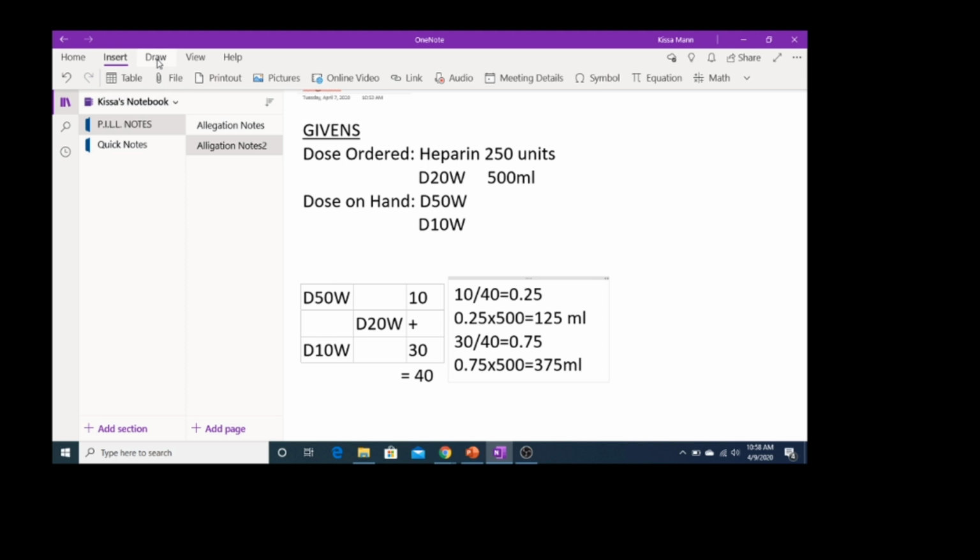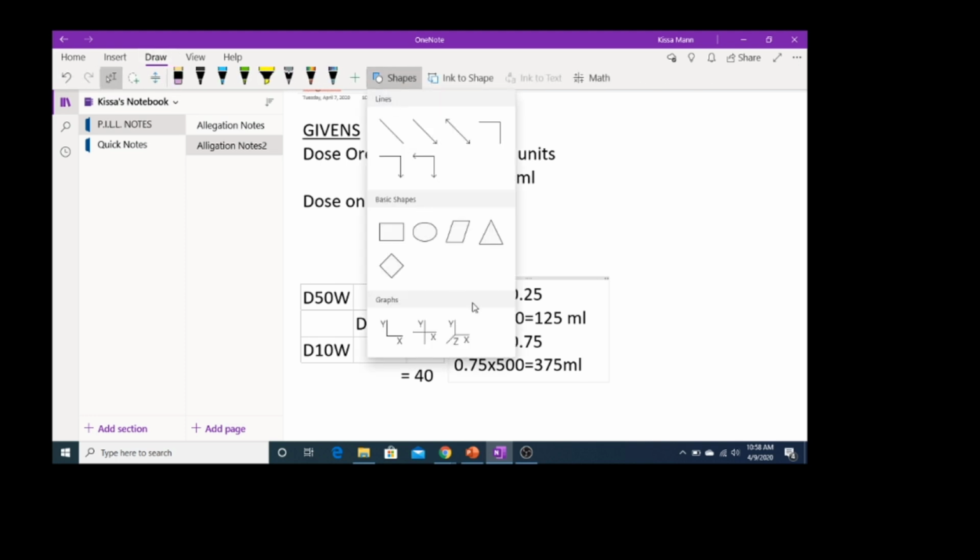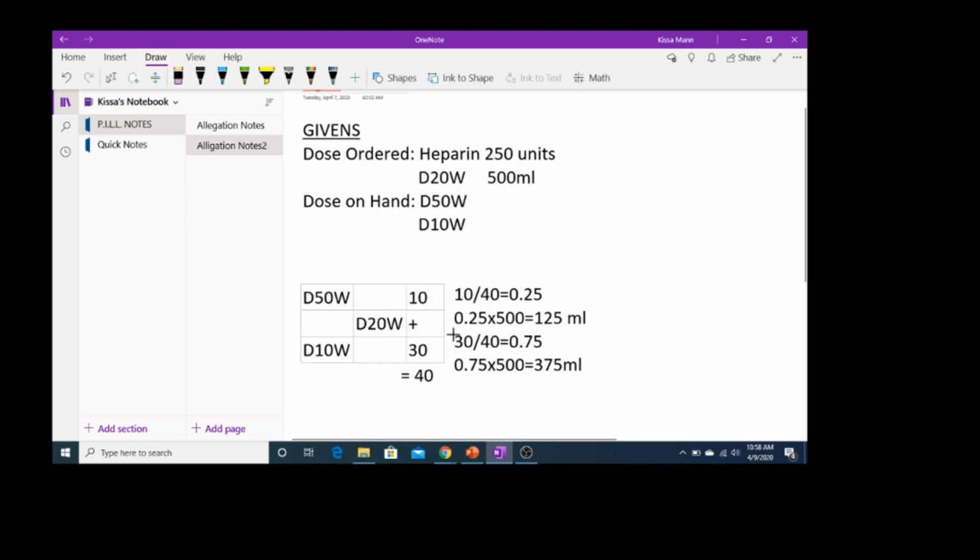I'm going to go ahead and highlight our answers to the equation that we were solving for. And you also want to do this when you're studying for your pharmacy tech exam. Go ahead and circle, highlight, draw a square around the answer.